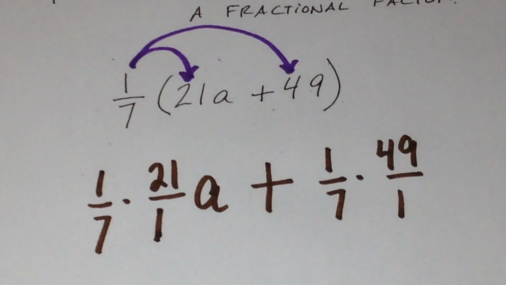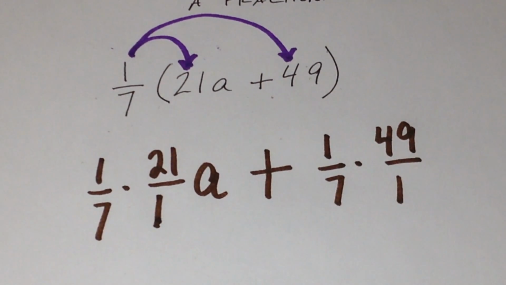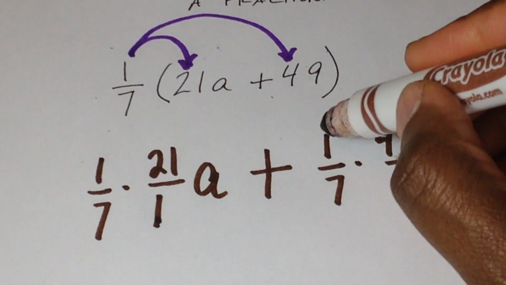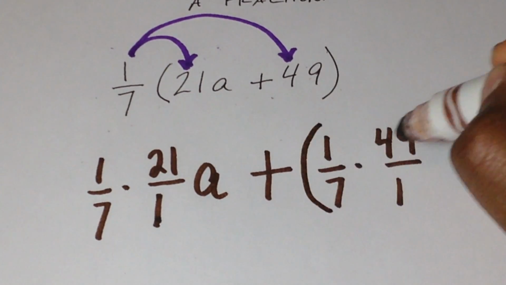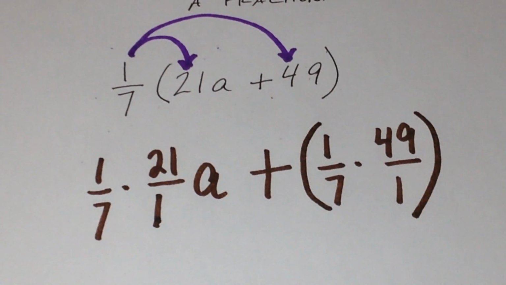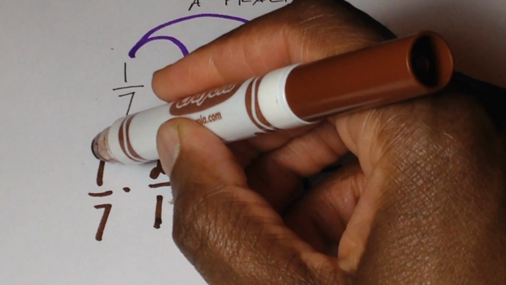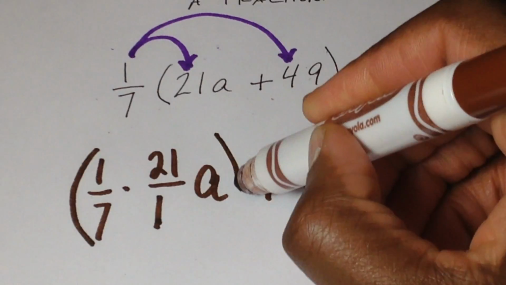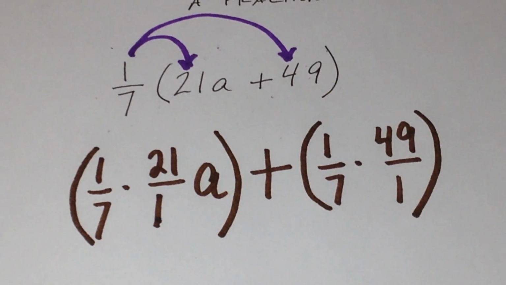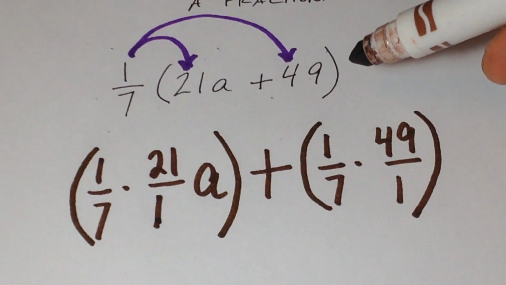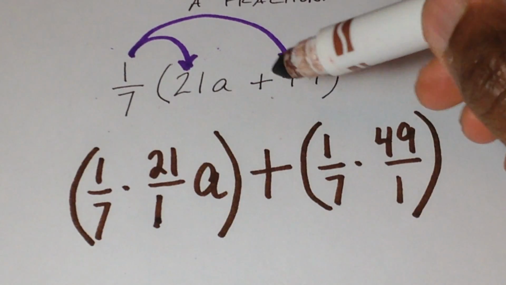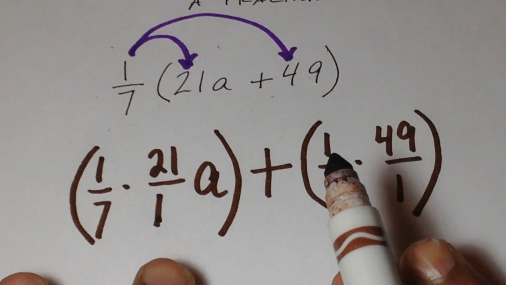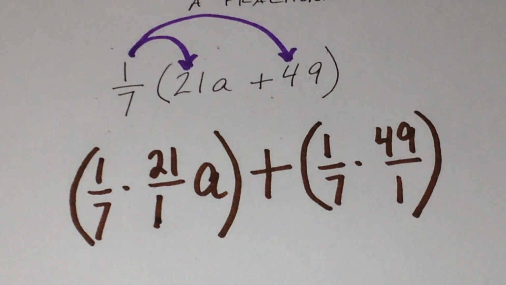Now you take a look, we did the distributive property, and there's a lot going on here. So what I'm going to do is put parentheses around this set and around the other set. Notice, see the expansion? So we've expanded this algebraic expression by making it into 2 sets of multiplication we're going to do. Okay, so let's handle the first one.